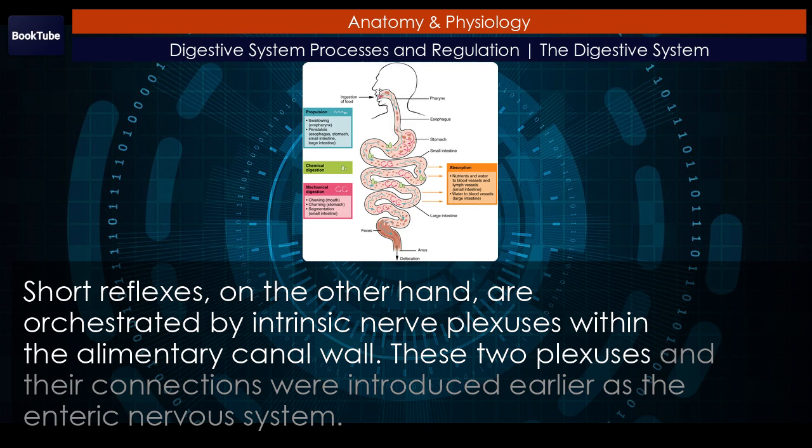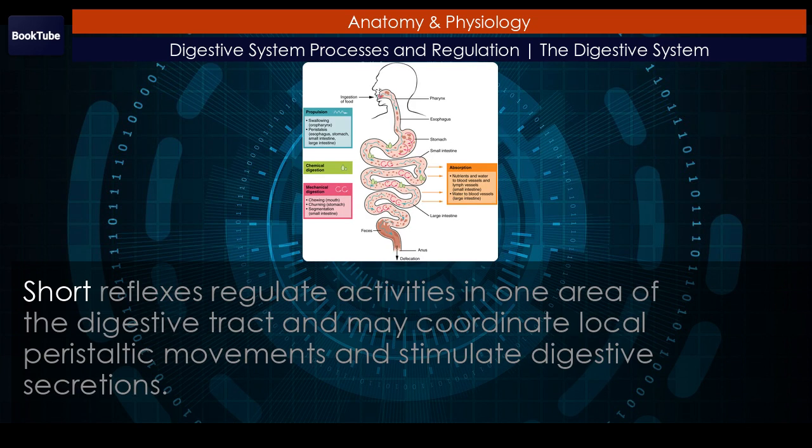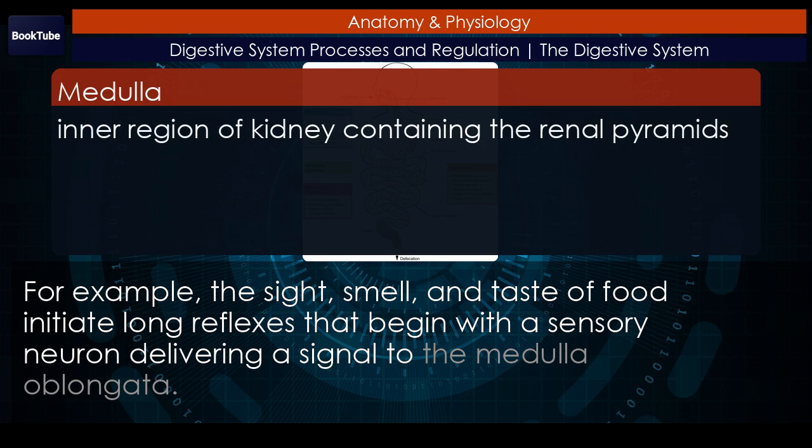These two plexuses and their connections were introduced earlier as the enteric nervous system. Short reflexes regulate activities in one area of the digestive tract and may coordinate local peristaltic movements and stimulate digestive secretions. For example, the sight, smell, and taste of food initiate long reflexes that begin with a sensory neuron delivering a signal to the medulla oblongata.